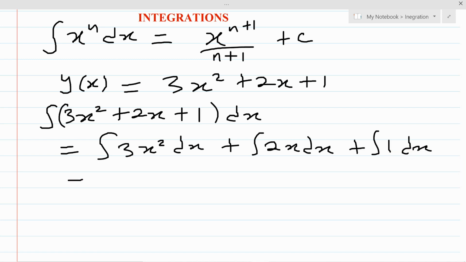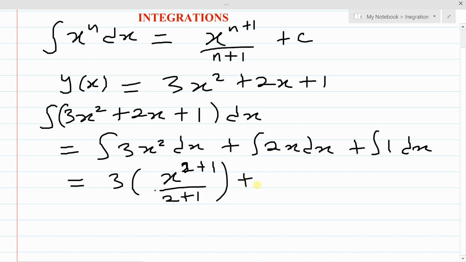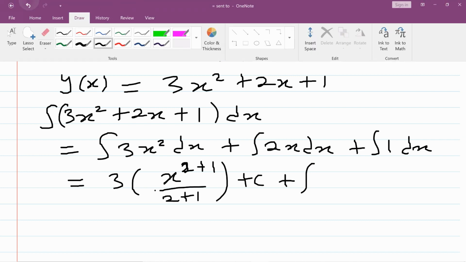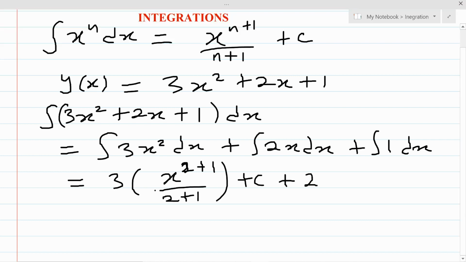Now this will give me 3 out, then x to the power 2 plus 1 over 2 plus 1, plus c for the first one, then plus 2 out, x to the power 1 plus 1 over 1 plus 1, plus c, then the last part plus 1x plus c. That's what we just did.